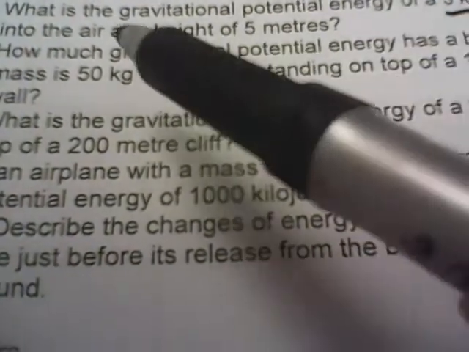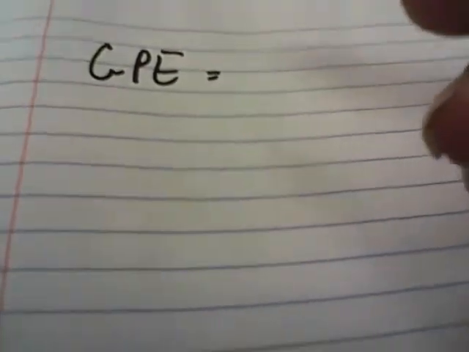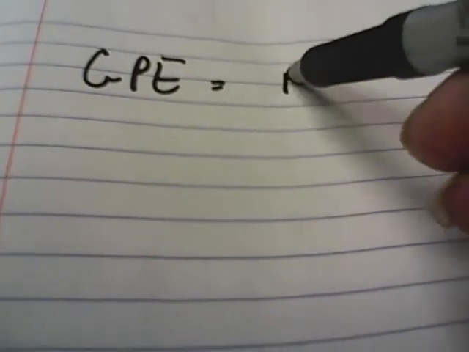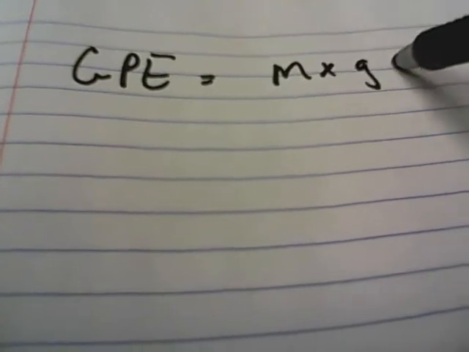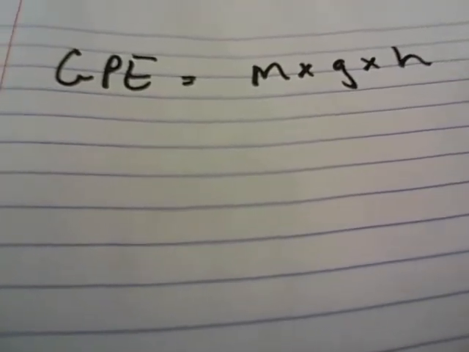So let's take a look at number 6. It says, what is the gravitational potential energy of a 3 kilogram ball, weight, kicked in the air at the height of 5 meters? Height, right? So we have a weight and height. So we know that our gravitational potential energy is equal to mass times gravity times height, right?